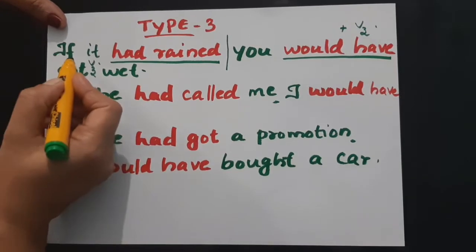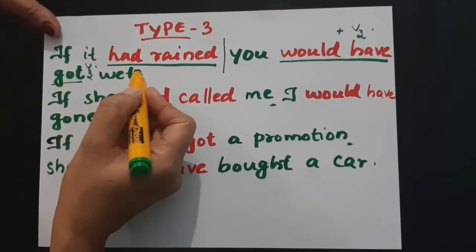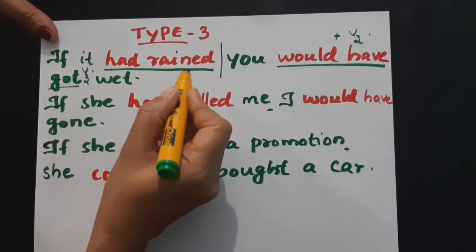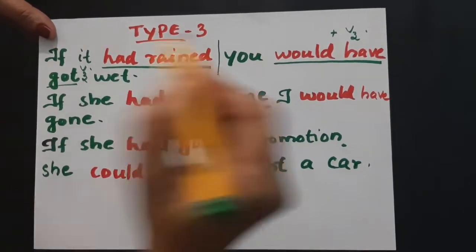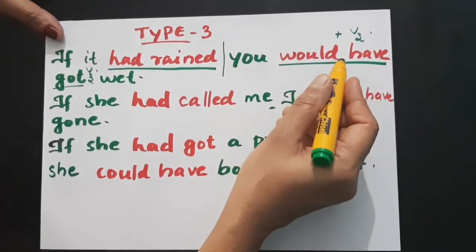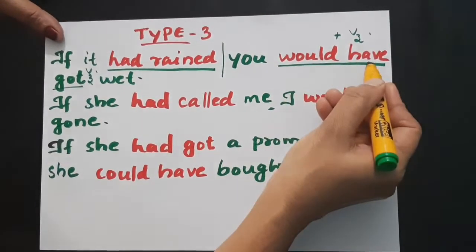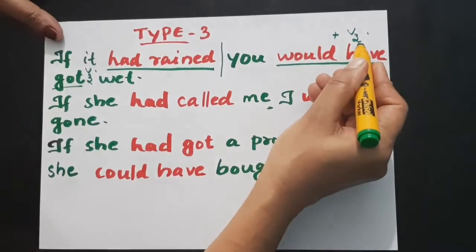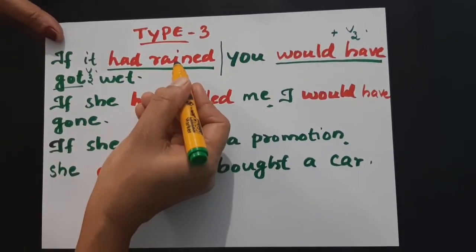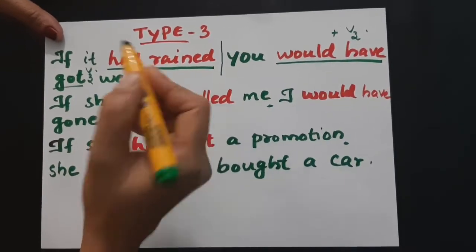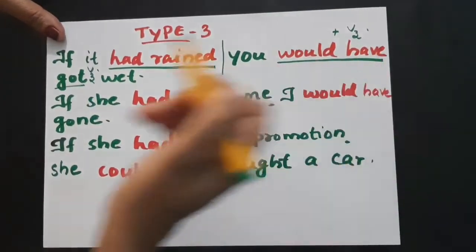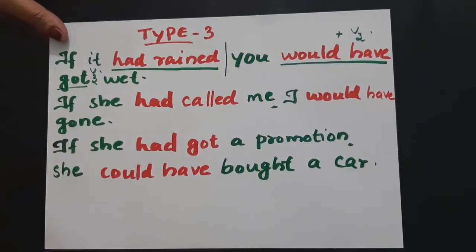In the if clause you will get the verb in its past perfect form, had rained. And in the result clause the verb will have the structure would have plus V3. We imagine that if it had rained, the result would have been like this. That is, you would have got wet.